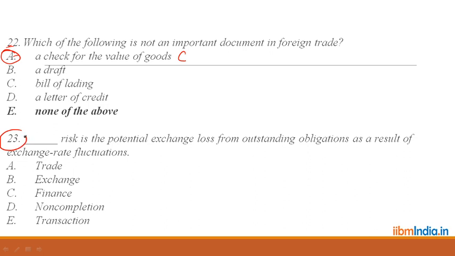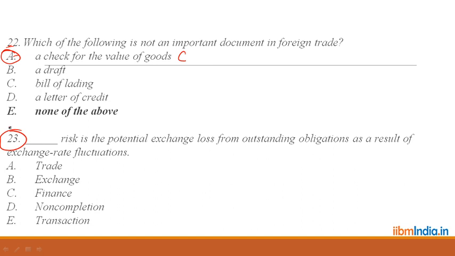Moving towards question number 23. Risk is the potential exchange losses from outstanding obligation as a result of exchange rate fluctuations. Trade risk, exchange risk, finance risk, non-completion risk, or transaction risk. Which type of the risk is this?